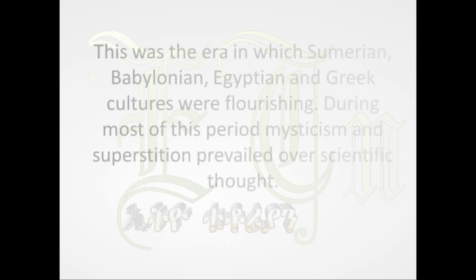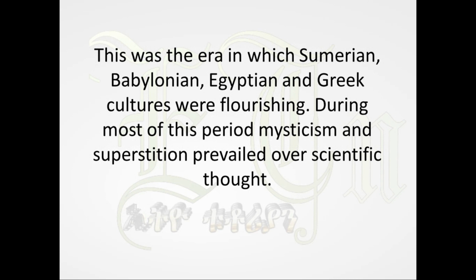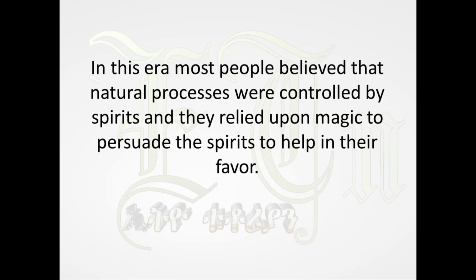This was the era in which Sumerian, Babylonian, Egyptian and Greek cultures were flourishing. During most of this period, mysticism and superstition prevailed over scientific thought. In this era, most people believed that natural processes were controlled by spirits, and they relied upon magic to persuade the spirits to help in their favor.